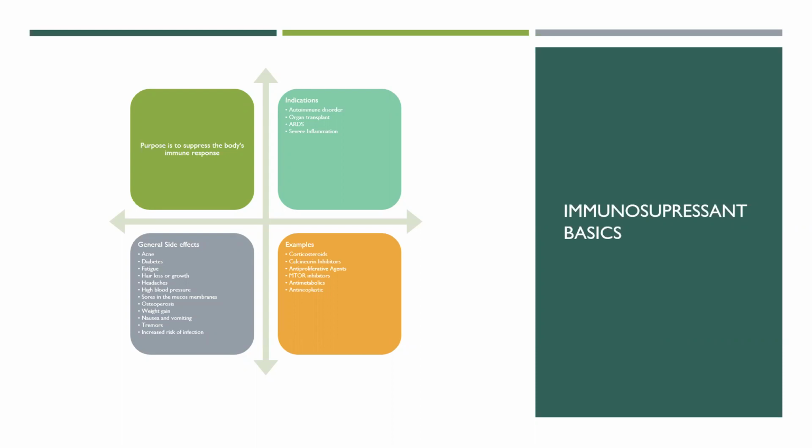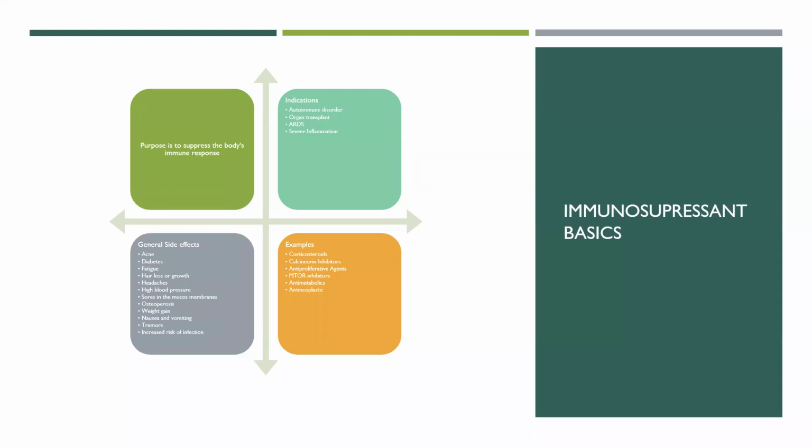Overall, when we look at immunosuppressants, some general side effects that we can see is things like acne, diabetes, fatigue, hair loss, which would be like alopecia, or hair growth, like hirsutism, headaches, high blood pressure, sores that develop in the mucous membranes, especially in the mouth, osteoporosis, weight gain, nausea and vomiting, tremors, and increased risk of infection.